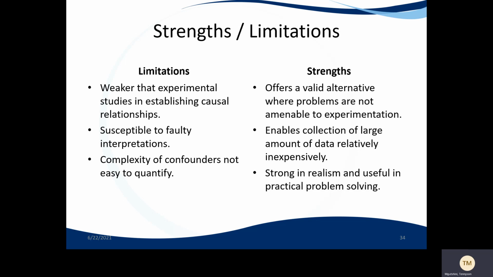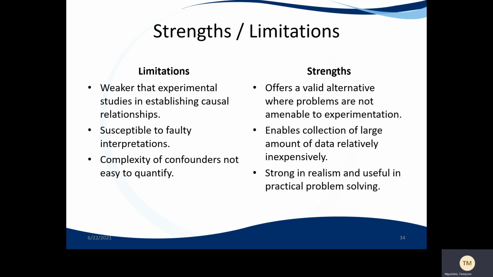A lot of the time you're watching things that have occurred and you have to make interpretations of what is happening. So if your skill of interpretation is weak, then the research is subject to more faulty interpretations. Then there are what we call confounders or confounding variables. These are variables that may affect the outcomes and are already pre-existing.